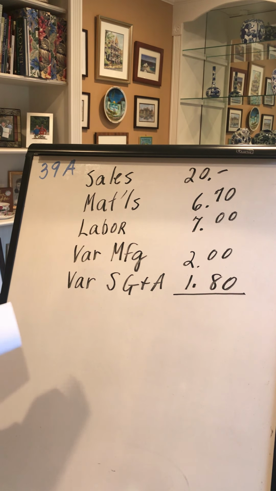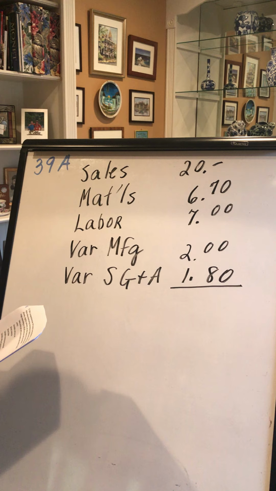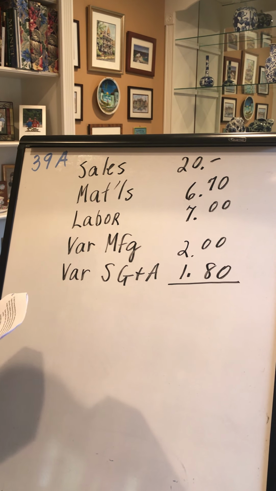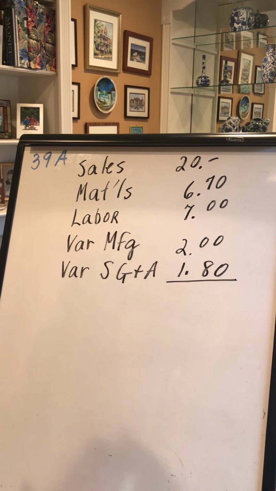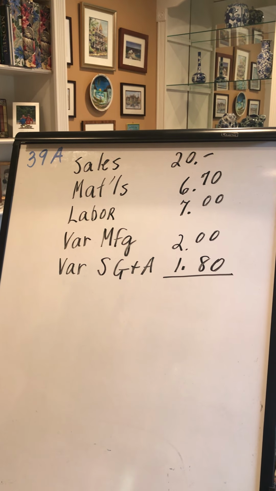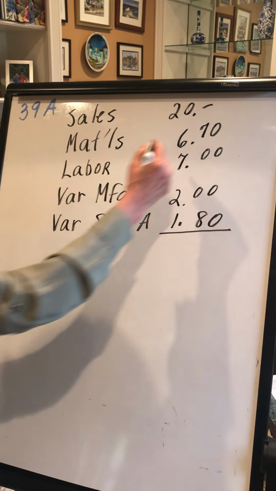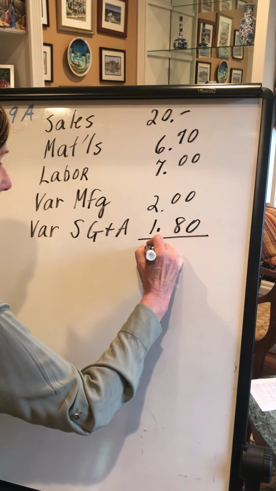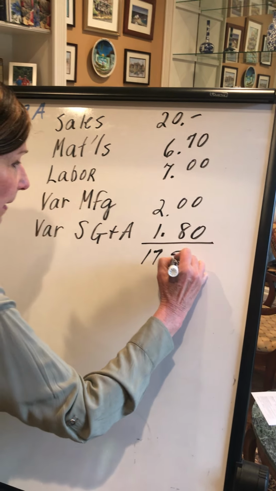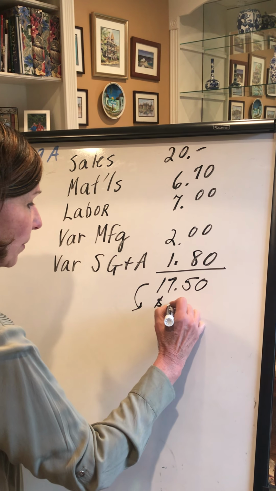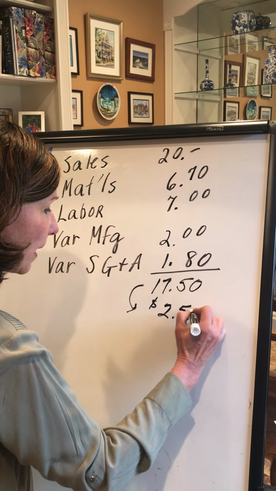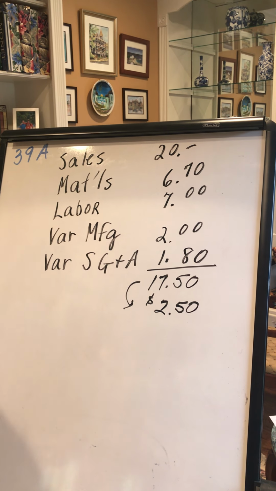Okay, so the very first question, number 1, is what is the company's contribution margin? Well, the total variable costs are, if we add these up, $17.50. So the contribution margin is $2.50 per unit.